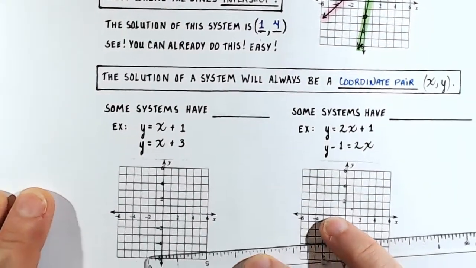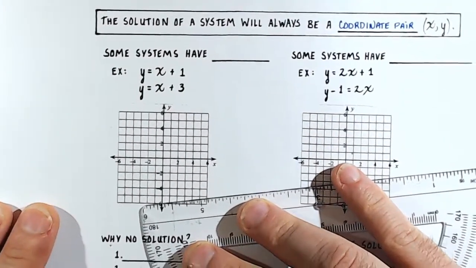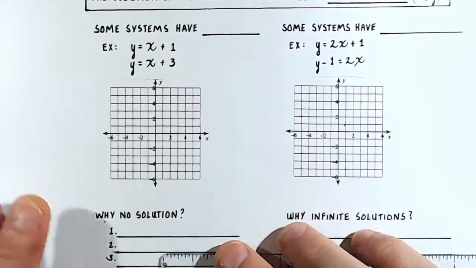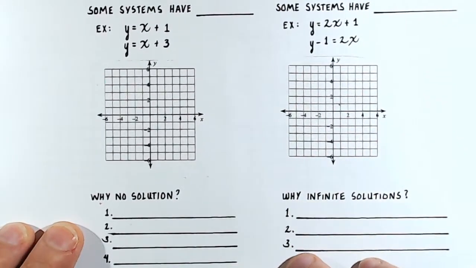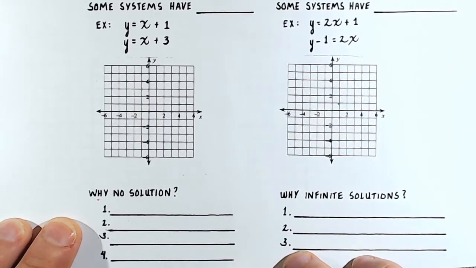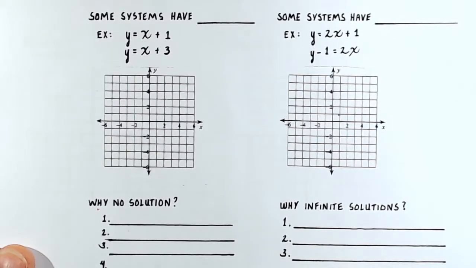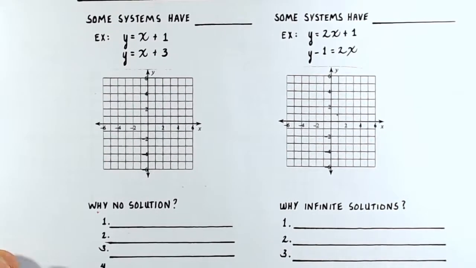Okay, so now we've got our feet wet on this. Let's keep going. We need to learn a couple more things. Let's see if I can fit all this in here. Maybe, maybe not. Okay. So there's these 2 special cases.